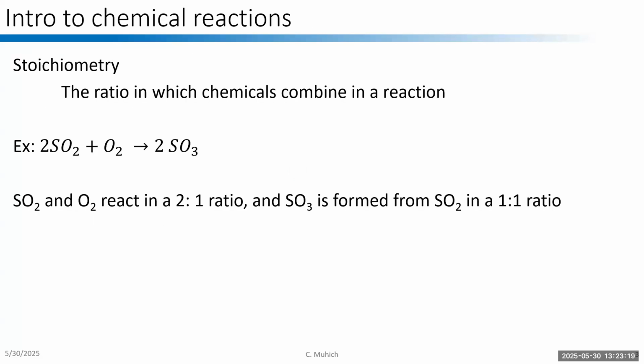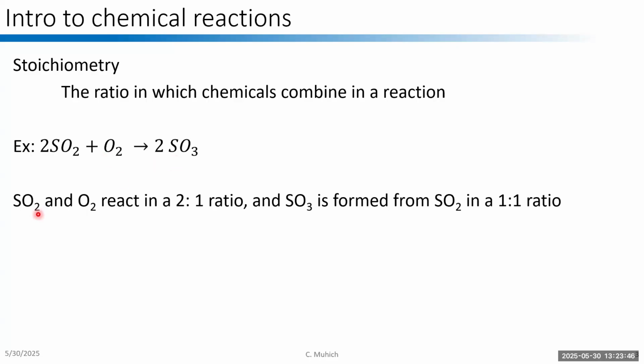All right, let's start with a review of stoichiometry. As a reminder, the stoichiometry or stoichiometric ratio is a ratio in which chemicals combine in a reaction. So, for example, it takes 2 moles of SO2 plus 1 mole of O2 to form 2 moles of SO3.